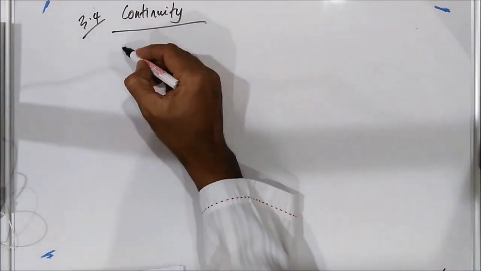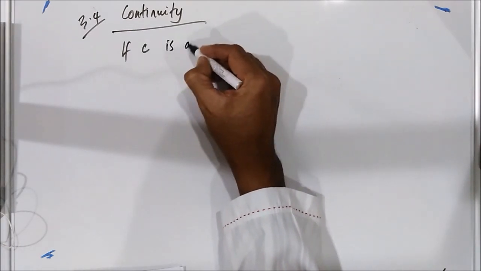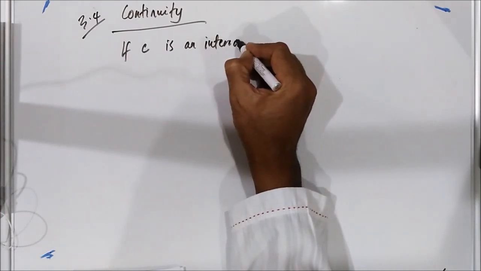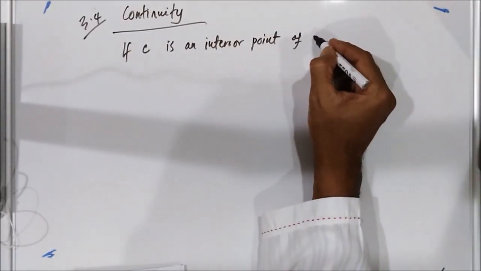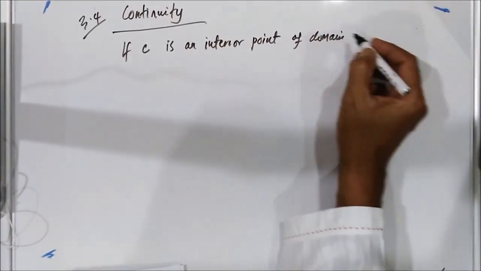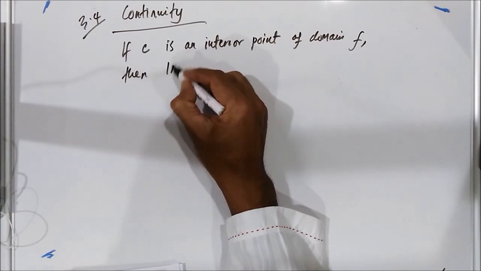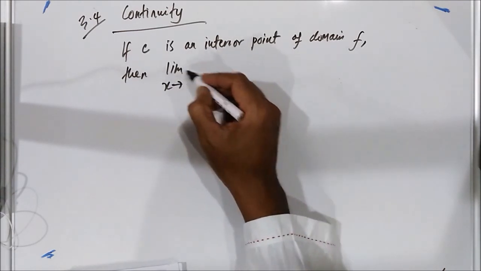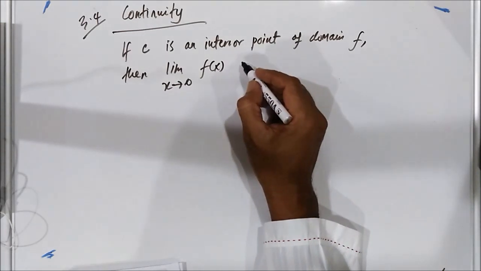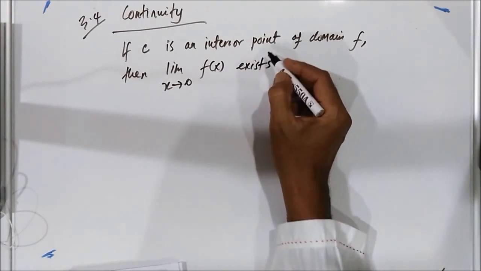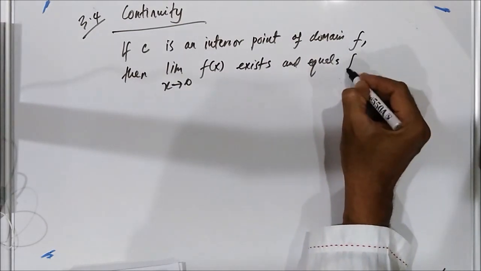Now, by definition, if c is an interior point of the domain of f, then the limit as x approaches c of f(x) exists and equals f(c).